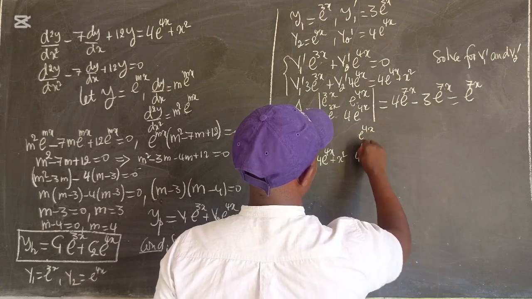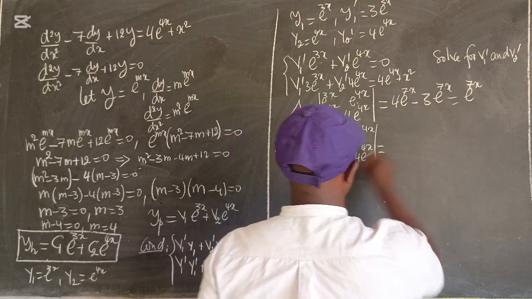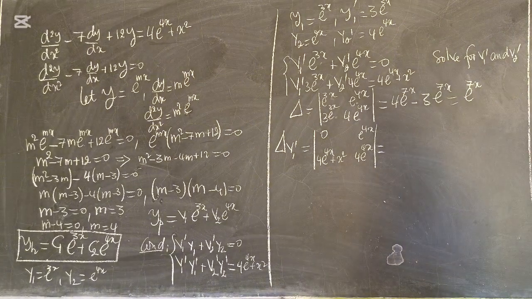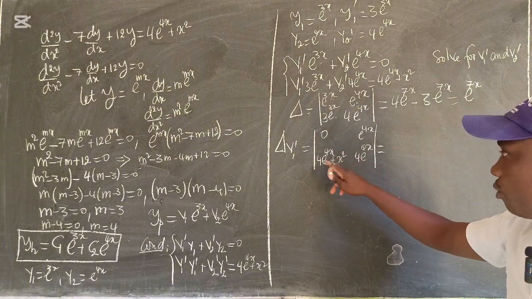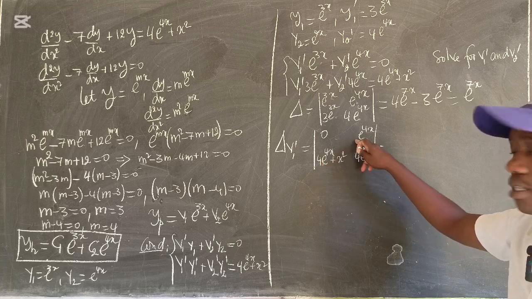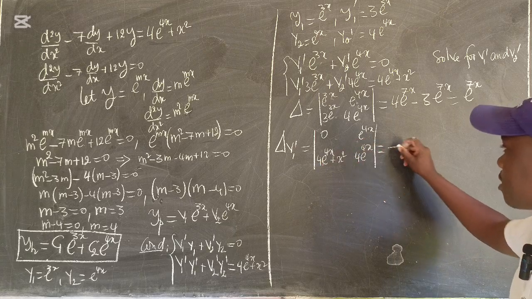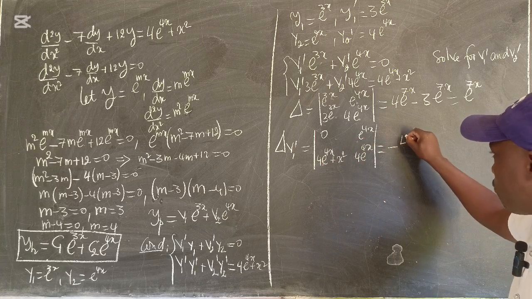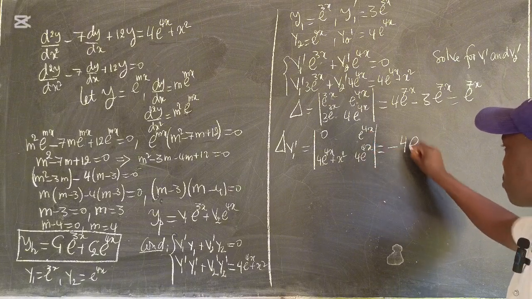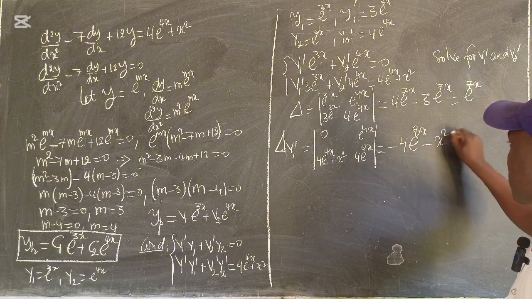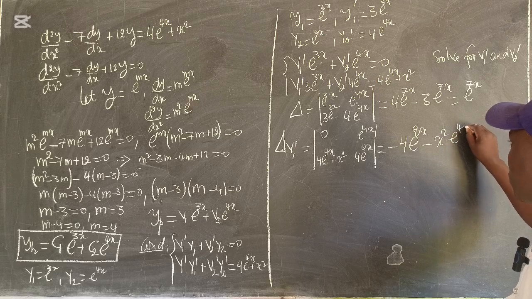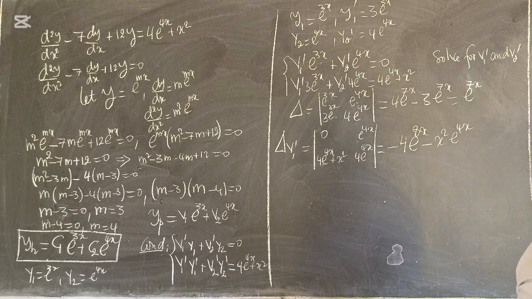Here is 4 times exponential of 4x. This is equal to, as you see, this times this is 0. We negate: minus this times this. This is minus 4 exponential of 8x minus x squared times exponential of 4x.